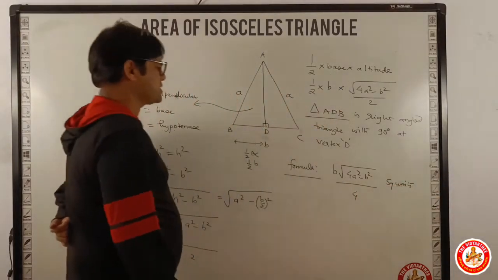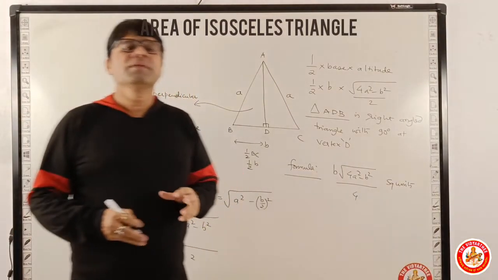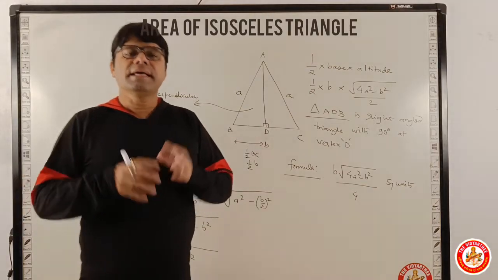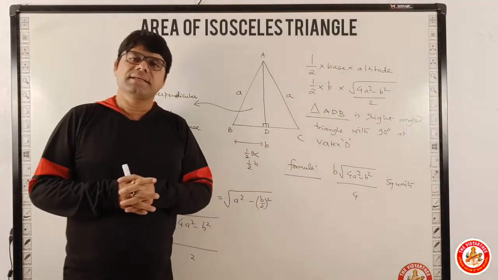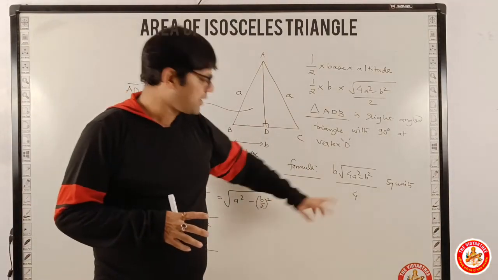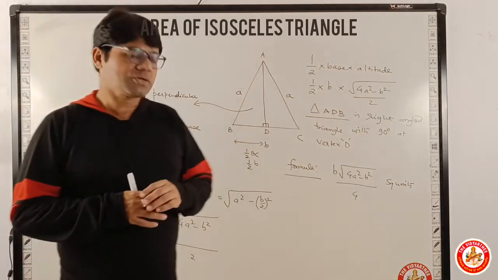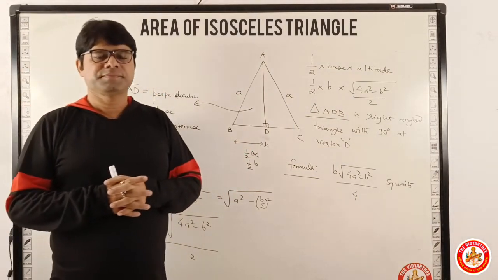Now we will take one question on this and you will get an idea about it. The formula for the area of an isosceles triangle where a is the measure of the equal side and b is the only unequal side, then the formula of area will be b times under root 4a square minus b square upon 4 square units.